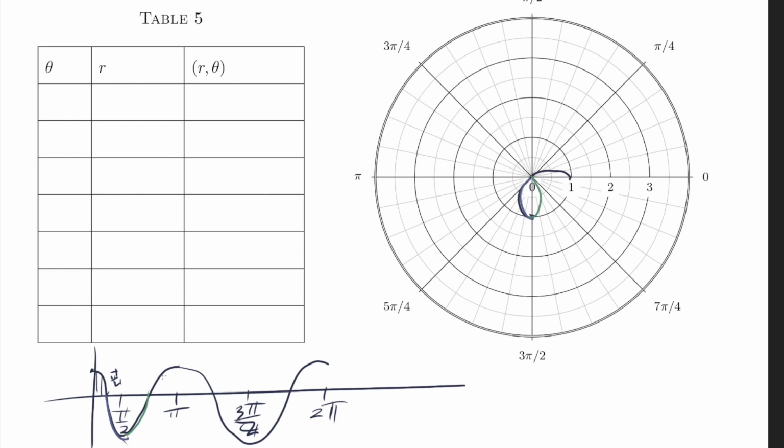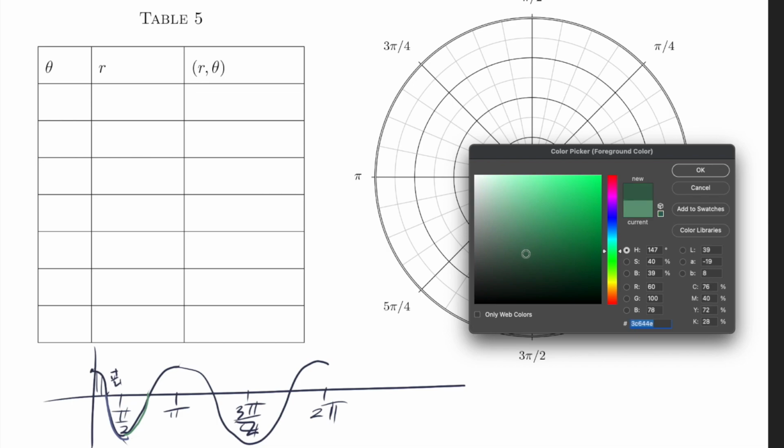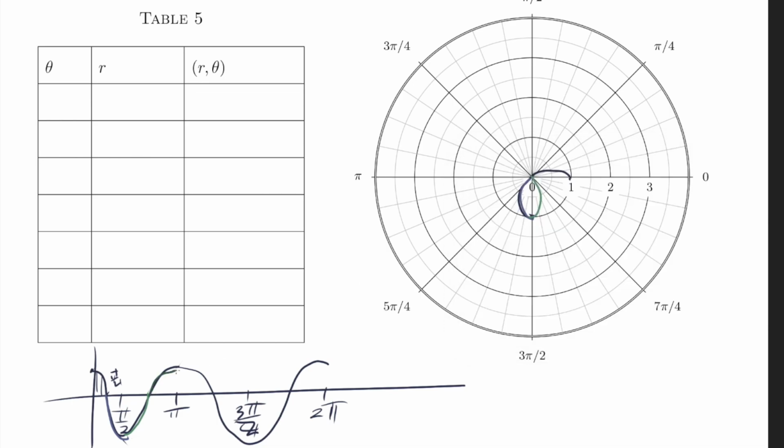Let's make this a nice dark green. So here's the dark green, and so forth. It just builds up slowly until you build this. All right, so that's how we do that.